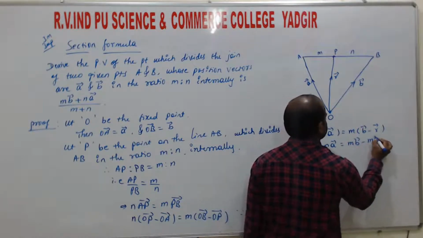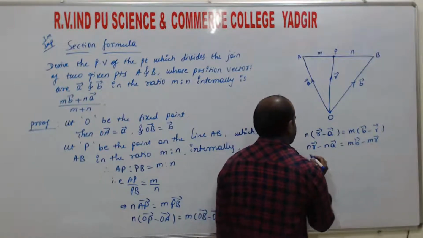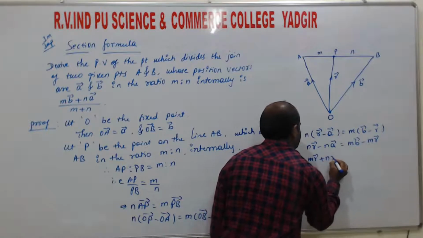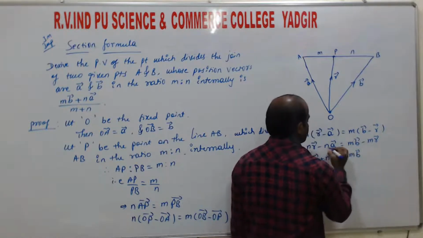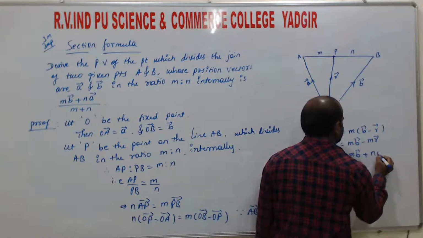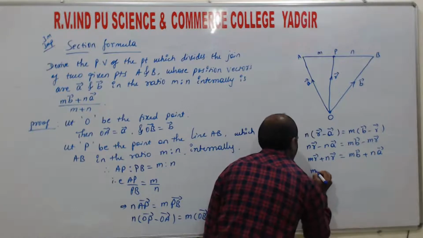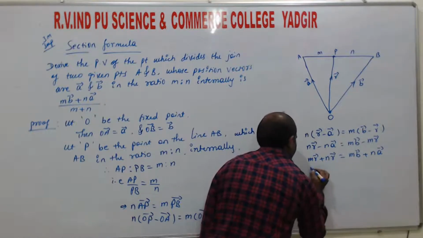minus MR vector. M is multiplied, N is multiplied. Minus MR, this side plus MR, MR vector plus NR vector, MB vector as it is, minus NA, that side plus NA vector. M is common, R is common.